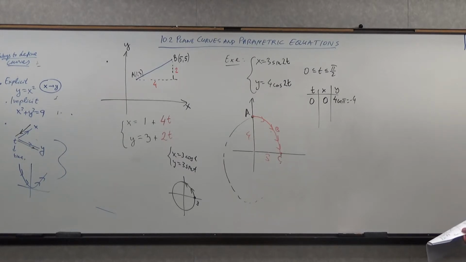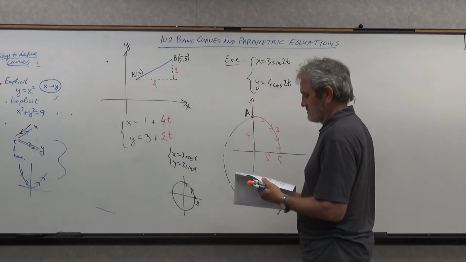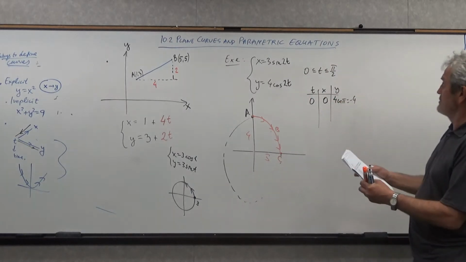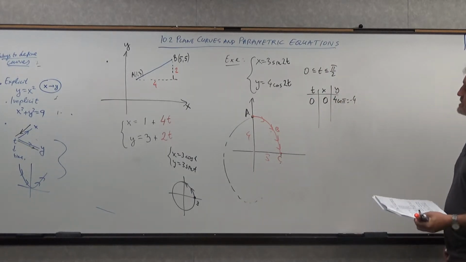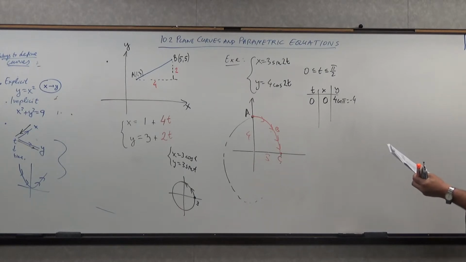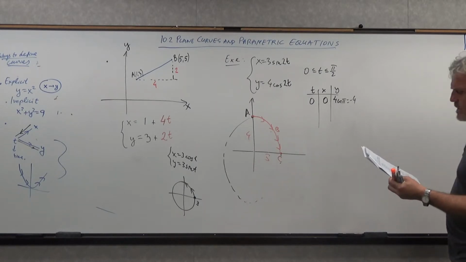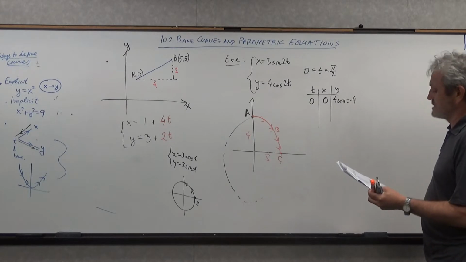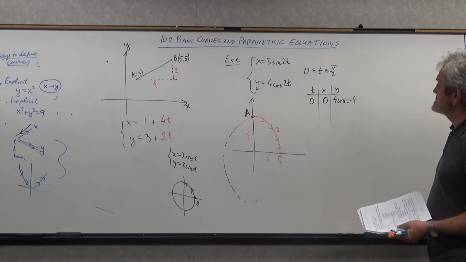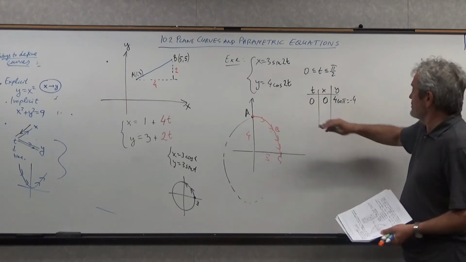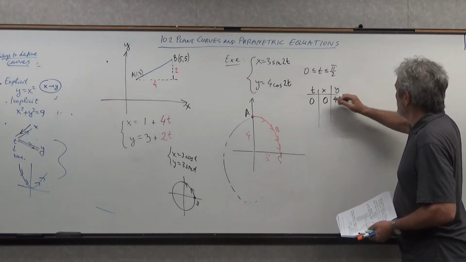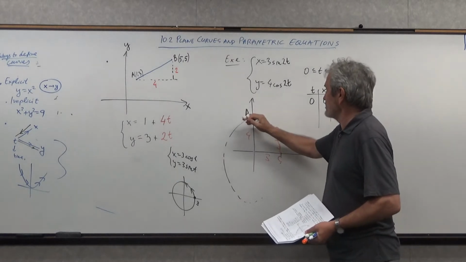So generally what happened is that it will start, 3 sine 2t, 4 cosine 2t when t goes between 0 and pi over 2. Alright, so at 0, y will be, I don't know why I wrote cosine pi, 4 cosine 0, which is 4. So it will start at the same point A.